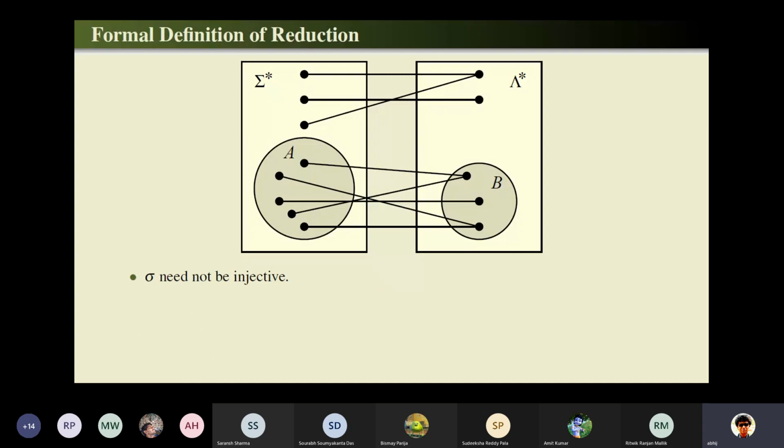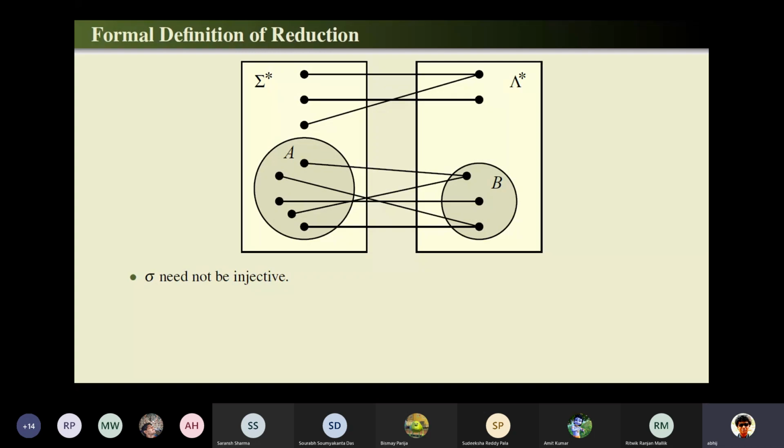This is an important thing. Sigma need not be injective, it need not be surjective, it need not be bijective. Nothing like that is demanded. The only property is that it maps elements of that language to the elements of the target language and non-elements to non-elements.